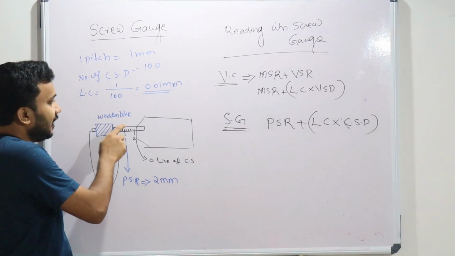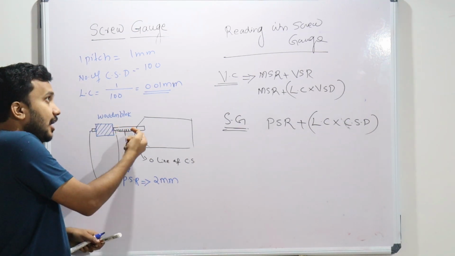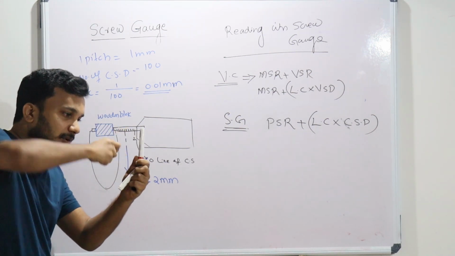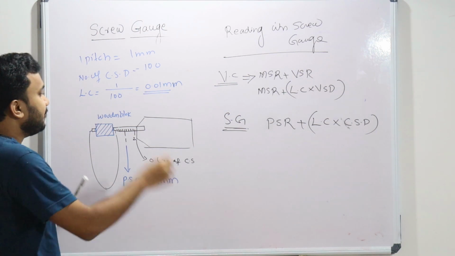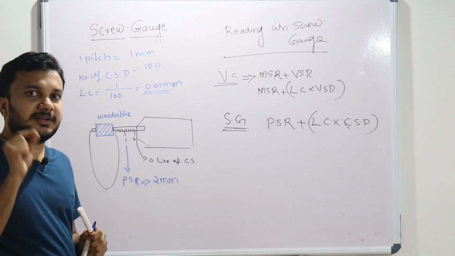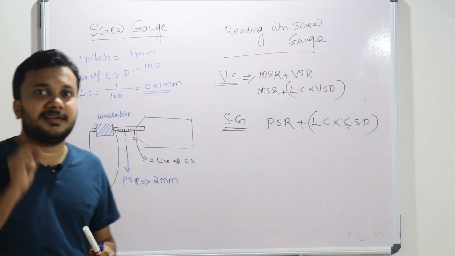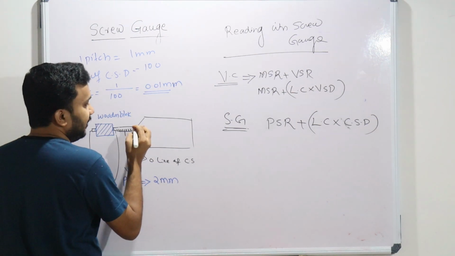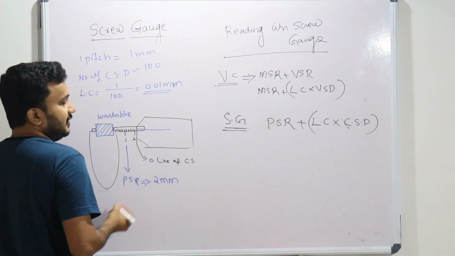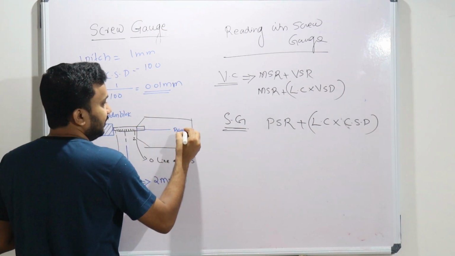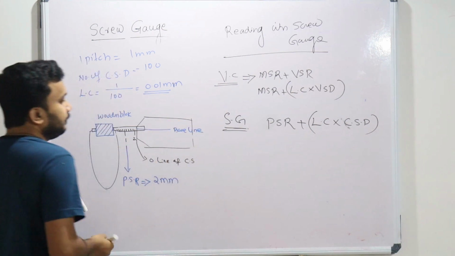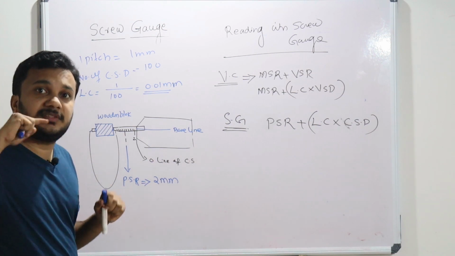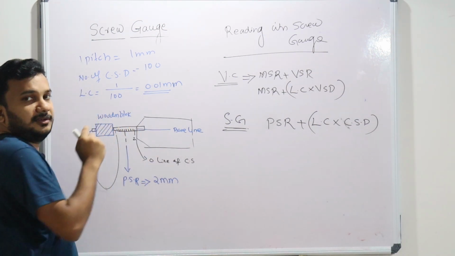After adjusting, to tighten the wooden block I will rotate this circular scale. As I told, the circular scale has 100 divisions. Here also one line is called the baseline. Initially this baseline coincides with the zero line of the circular scale.